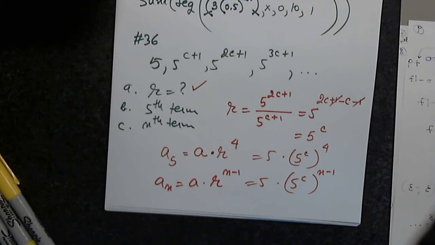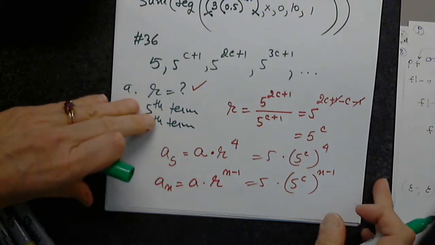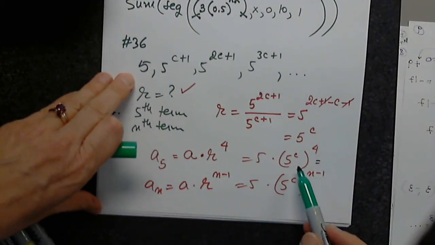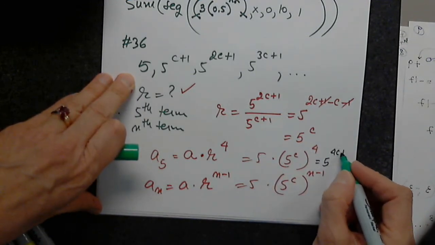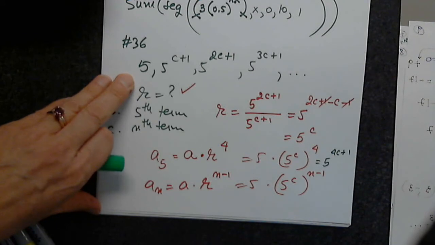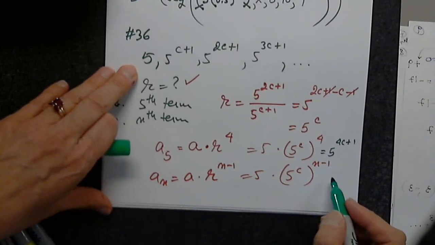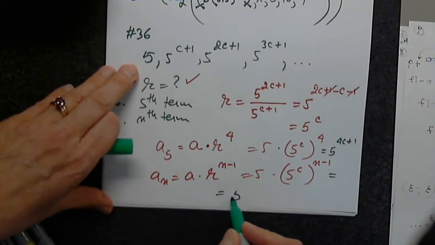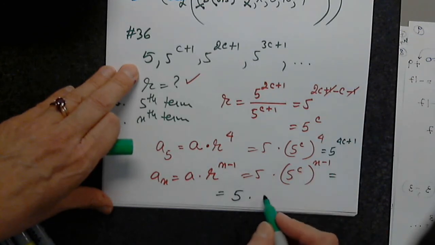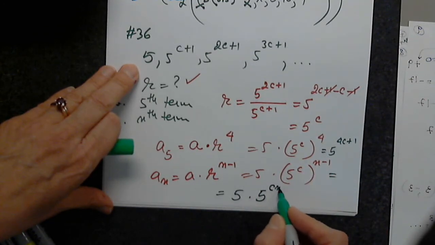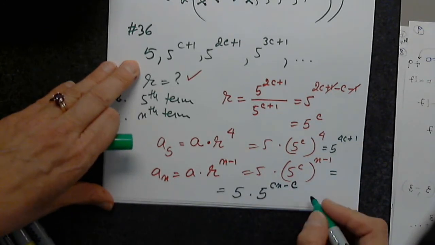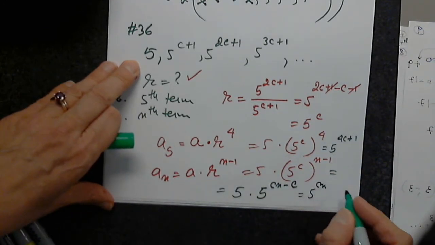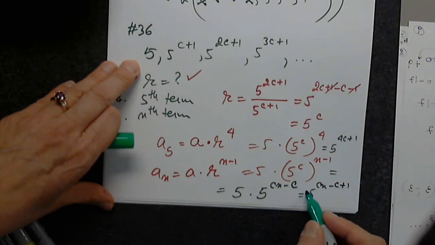Okay, so then perform the operations. 4C plus 1. So 5 raised to 4C plus 1. And here, first I have to multiply these two. 5 raised to Cn minus C. And then I have 5 raised to Cn minus C, but plus 1.